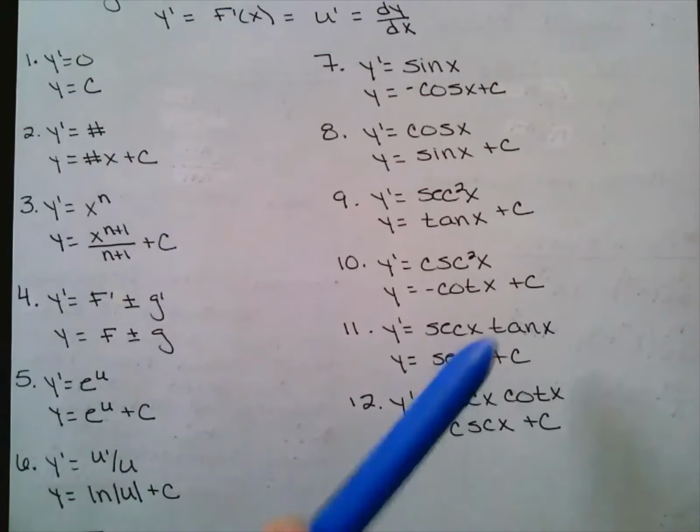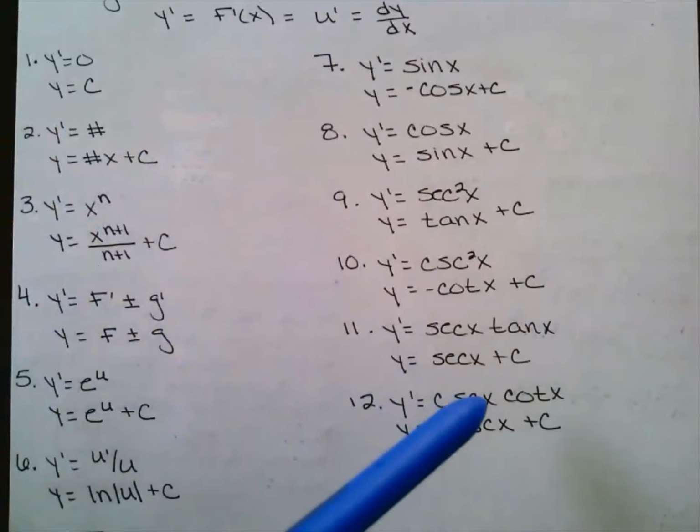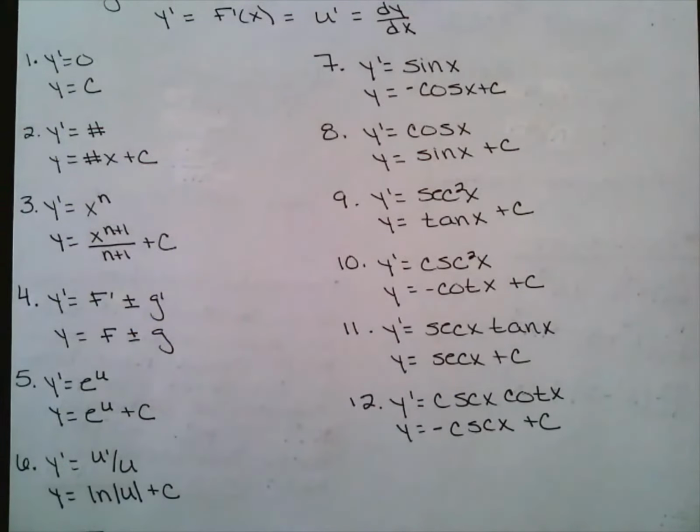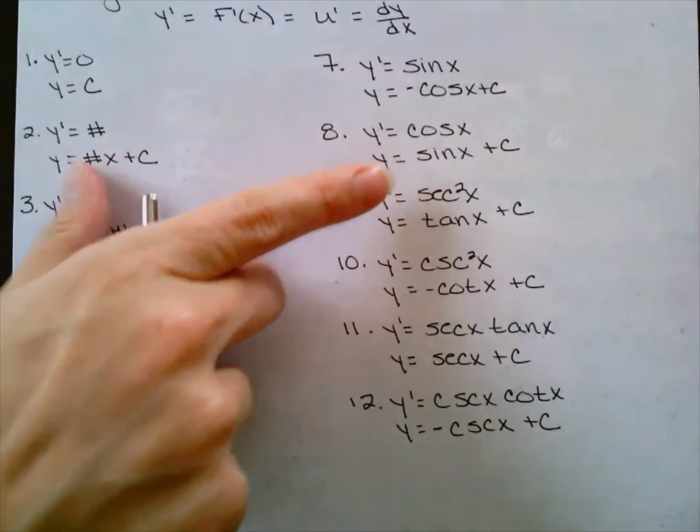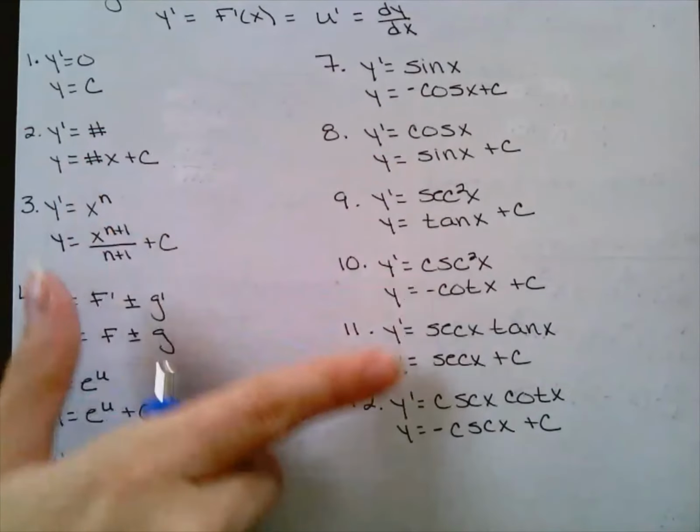I will tell you that the trig functions start to get tricky in remembering who gets the negative. We remember that in derivatives, we told ourselves that if the function had a c, the answer gets a negative. Well, here it's reverse. Again, this is an inverse operation, so the rule is inverse. Now it's if the answer has a c. We see here a c and here a c.